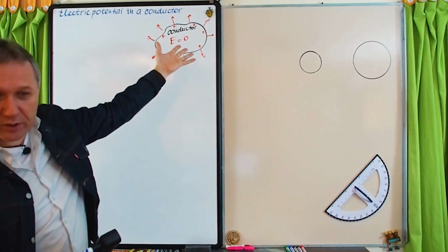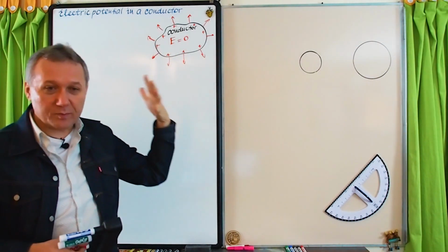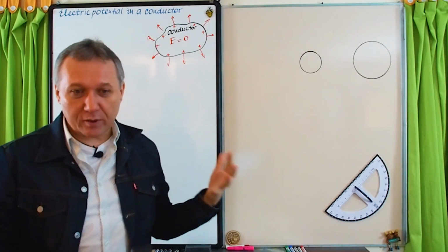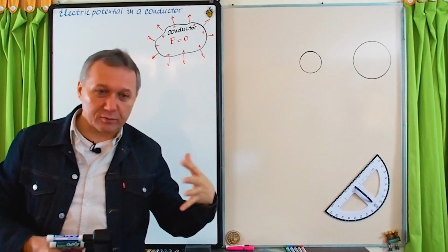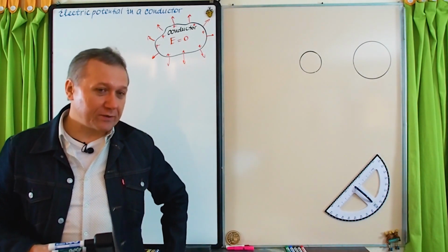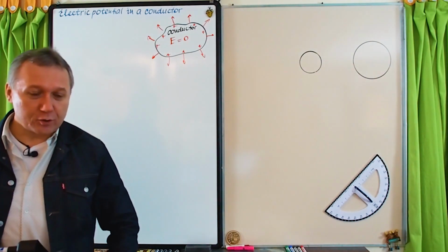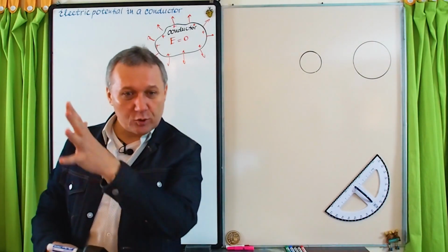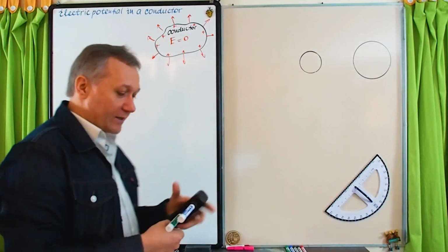Since we have some information about the electric field, it means that we can get information about the electric potential using the bridge which we derived and introduced in the previous lecture and previous recitation class. We just need to use that bridge which allows us to move from the electric field to the electric potential.